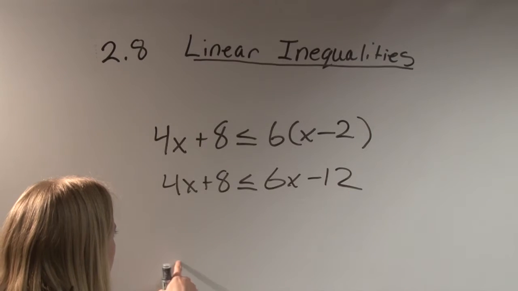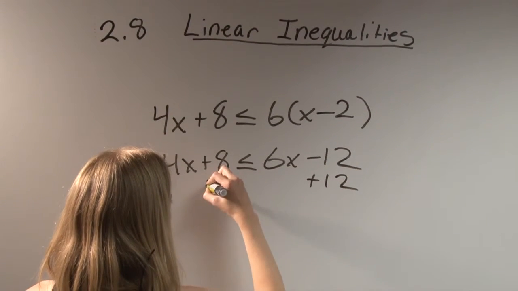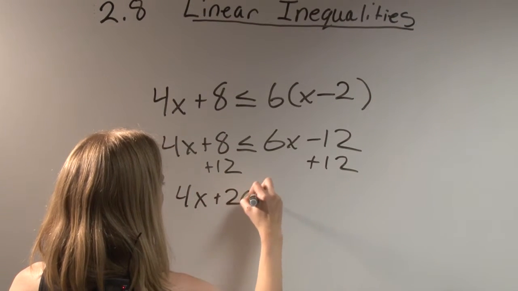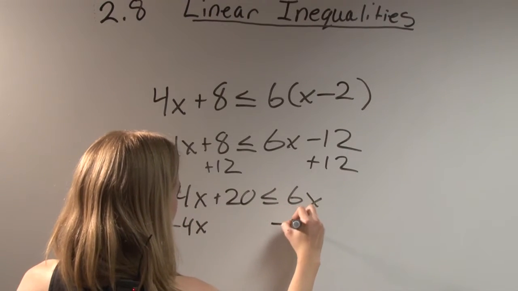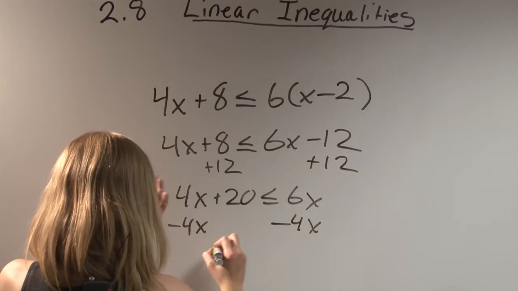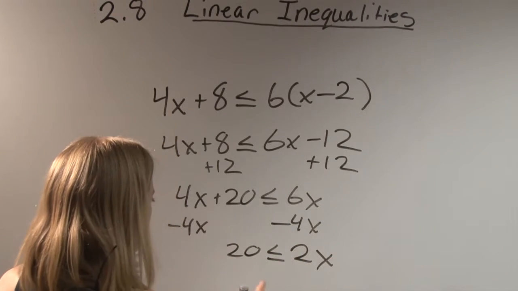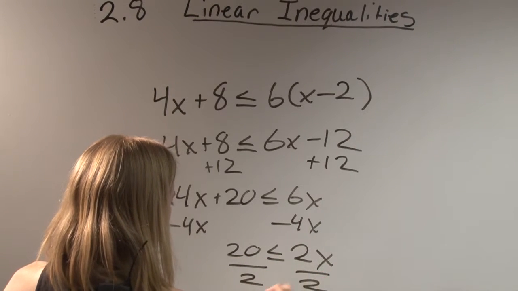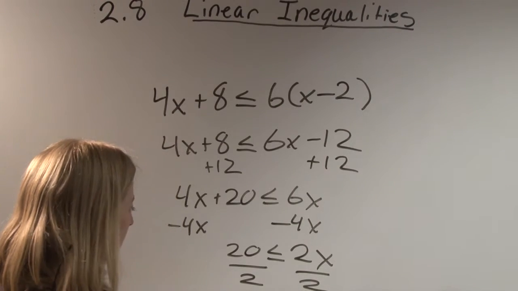And then I'm going to add 12 to both sides, and subtract 4x from both sides. That gives me 20 is less than or equal to 2x. I can divide by 2 again, and 10 is less than or equal to x.